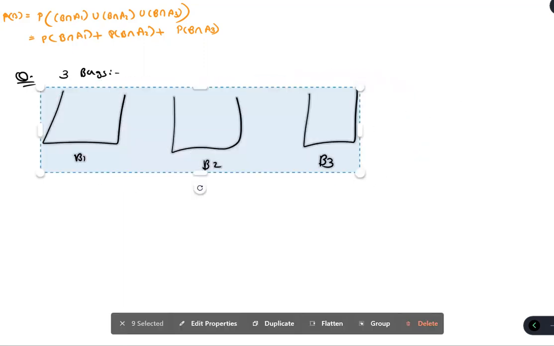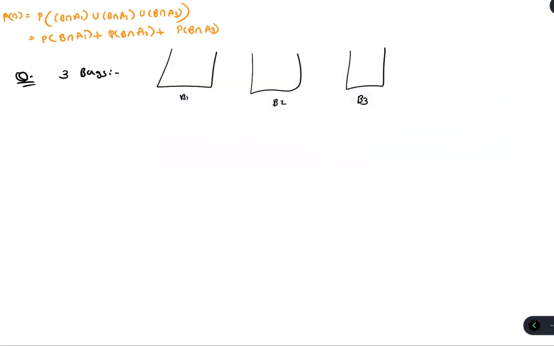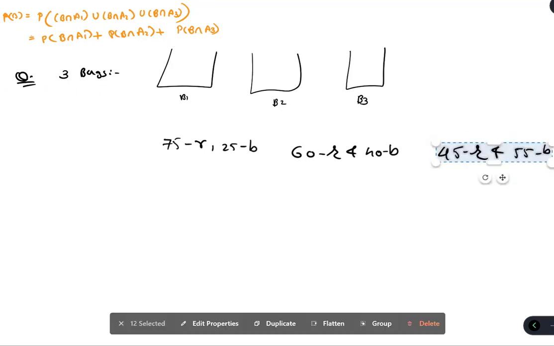In the first bag we have 75 red and 25 blue. In the second bag we have 60 red and 40 blue balls. In the third bag we have 45 red and 55 blue balls. Let me put this into the bag also.